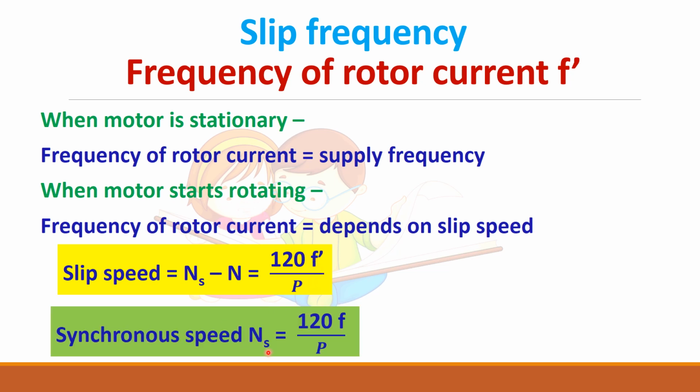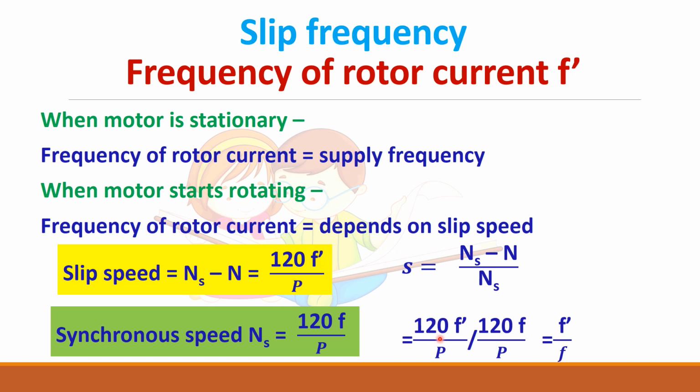We know synchronous speed is Ns equal to 120 f by P. So let us find the slip, (Ns minus N) divided by Ns. So Ns minus N, I am writing as 120 f' by P, divided by 120 f by P. So it will give you f' by f, or I can write it as f', that is the rotor frequency when the machine is running, is equal to s times the supply frequency.